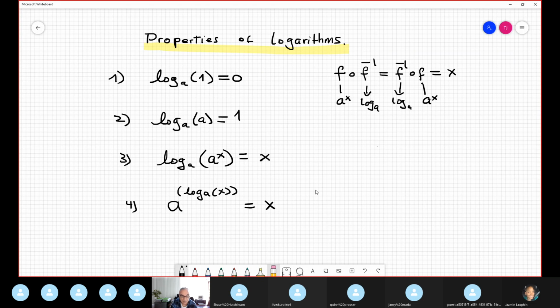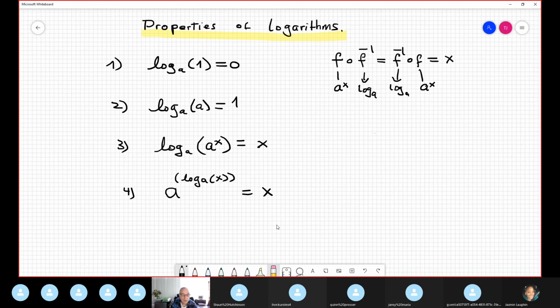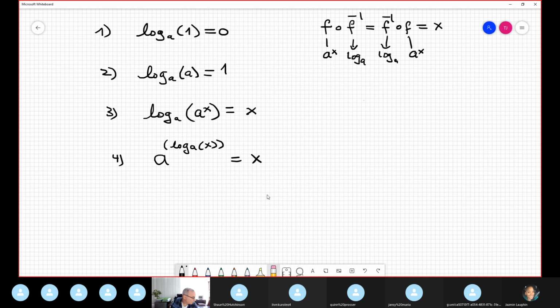They undo each other, and the answer is the same. The only difference is a small detail: this is for all real numbers.